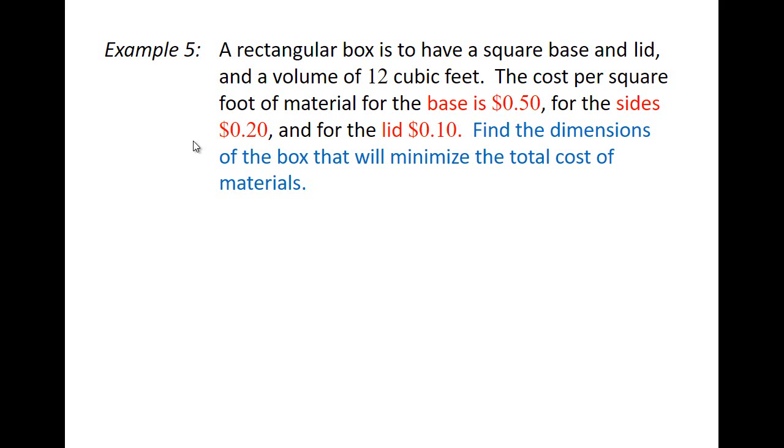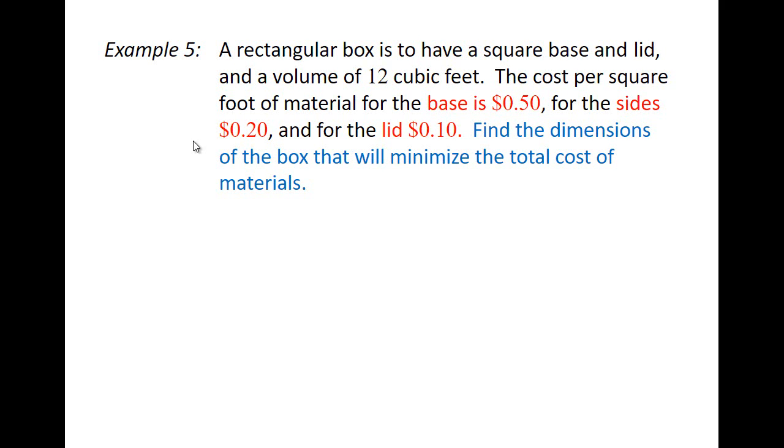The cost per square foot of material for the base is 50 cents, and for the four sides, it's 20 cents, and for the lid, it's 10 cents. And we want to find the dimensions of the box that will minimize the total cost of materials to build the box.